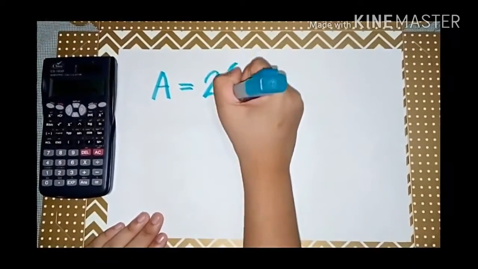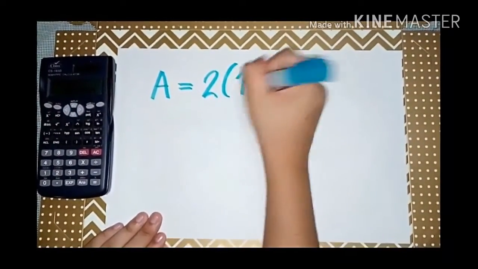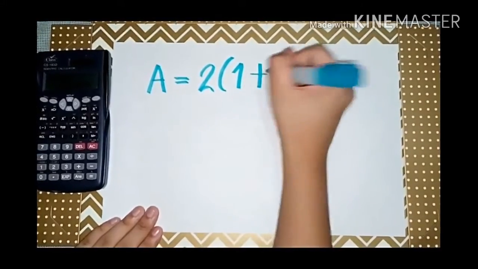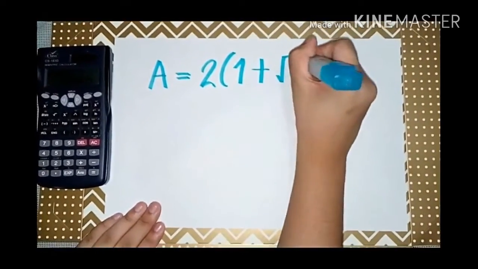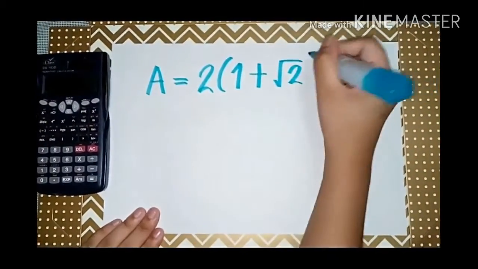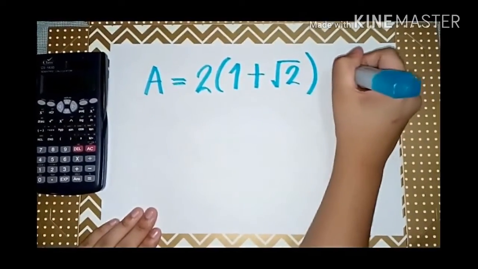To solve for the area, A is equal to 2 times the quantity of 1 plus square root of 2, times a squared.